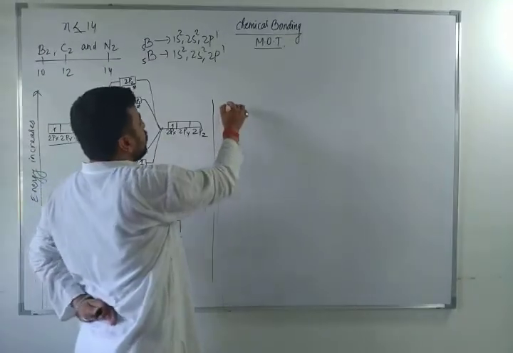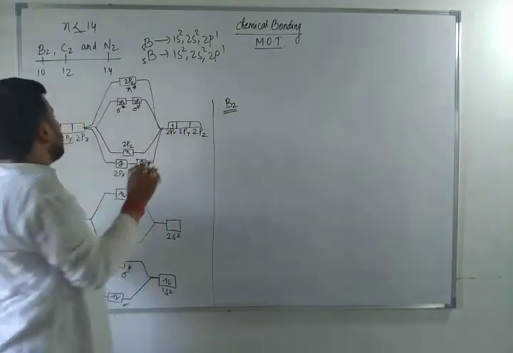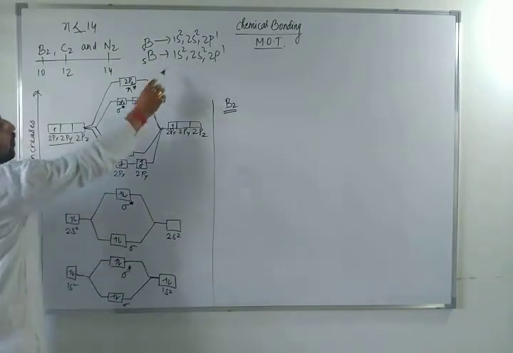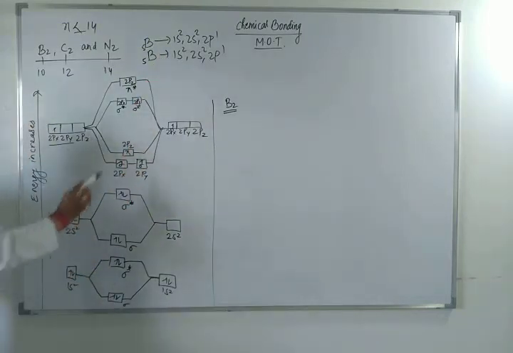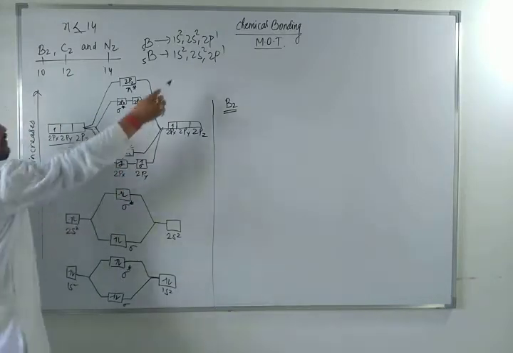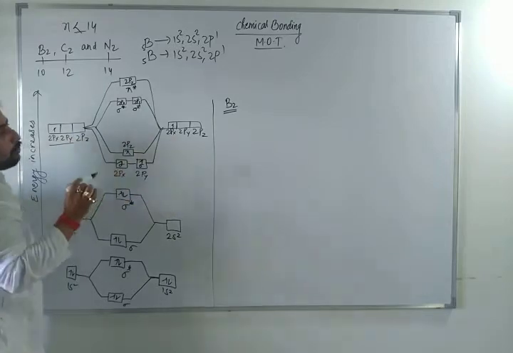If I want to calculate the bond order of this B2 molecule, we have 1s2 of this boron and 1s2 of this boron, bonding and anti-bonding electrons. Similarly, 2s2 bonding and 2s2 anti-bonding electrons, then 2p1 and 2p1.